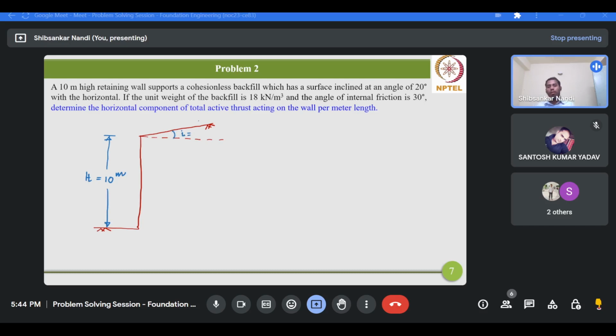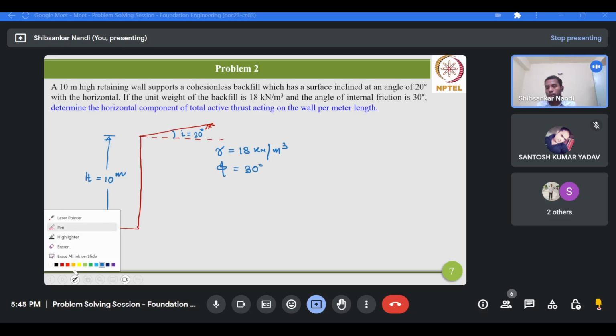It's not horizontal or level as in the previous problem, and the inclination angle is 20 degree. And the backfill is having the properties like angle of internal friction is 30 degree and gamma is 18 kilonewton per meter cube.